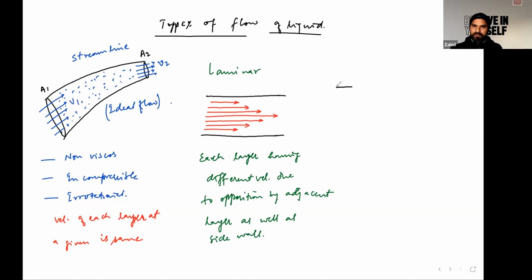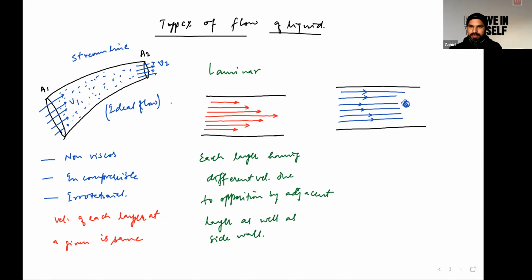Now there is a third type of flow. Suppose there is a tube in which each layer has irregular or uneven velocity. This particular layer will move with some velocity v. This adjacent layer may move with some greater velocity. Or if there is an obstacle in the path of the middle layer of liquid, then on striking this obstacle, this layer would get stopped at this instant.